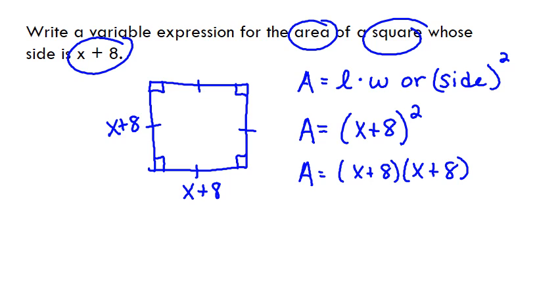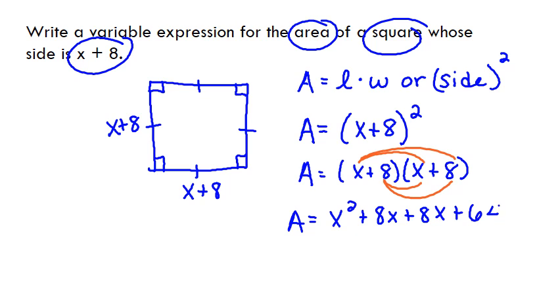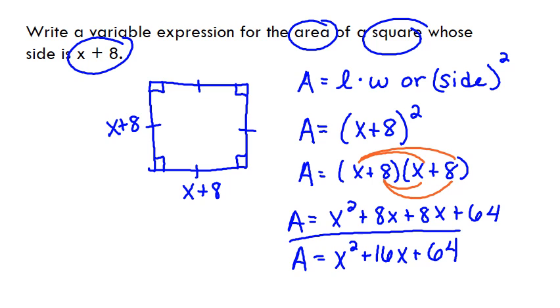And then multiplying through all of our terms, we're going to get the area is equal to x squared plus 8x plus 8x plus 64, which means that our area model is going to be x squared plus 16x plus 64. So any value of x that I give you, you could instantly substitute into this expression and find the area of the whole square.